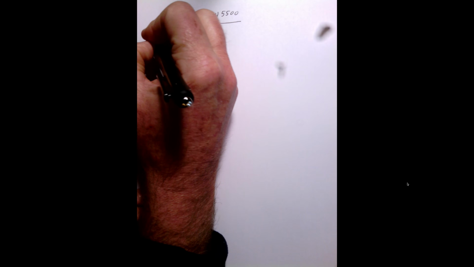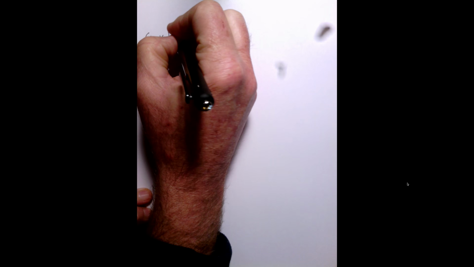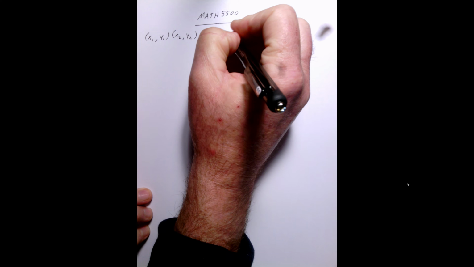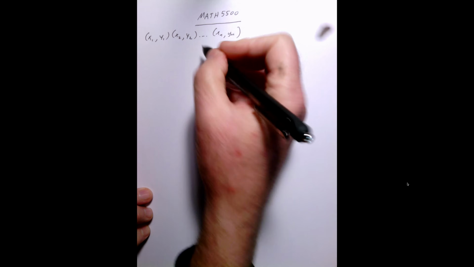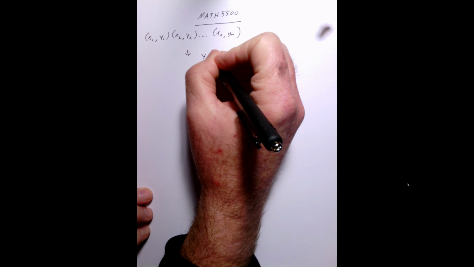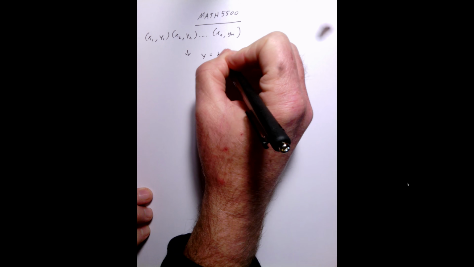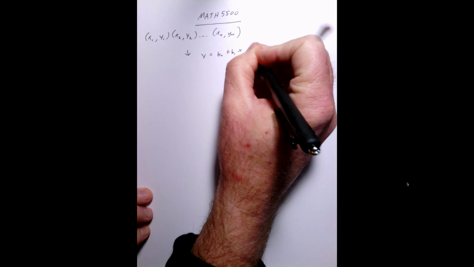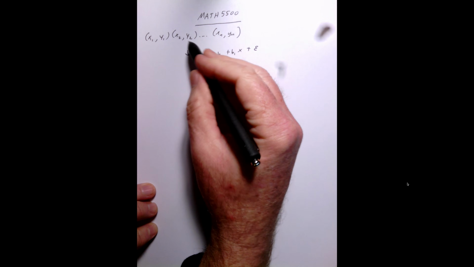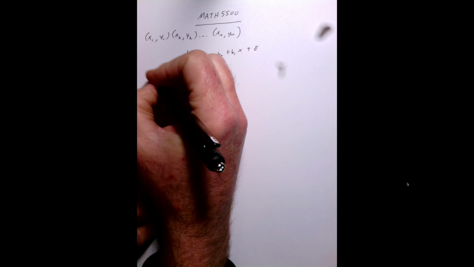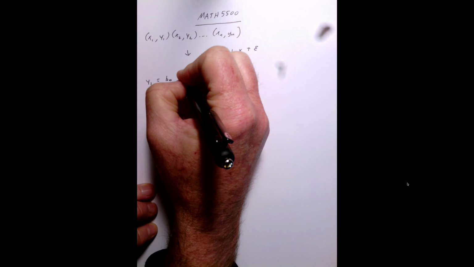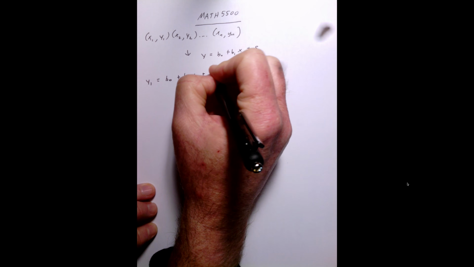All right, so we've collected some data. And we know that if we have y equal to beta 0 plus beta 1 x plus an error term, that we can put each of our data points into this. So for the first, we have y1 is equal to beta 0 plus beta 1 x1 plus an error term.